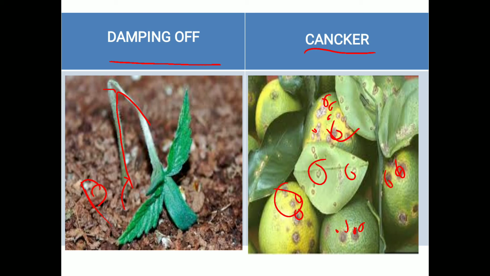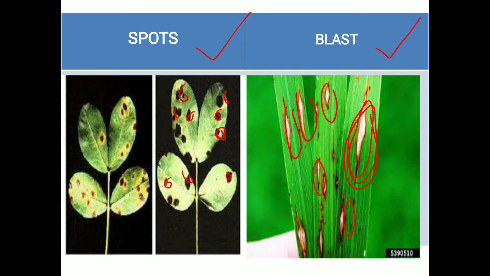Those symptoms indicate the cankerous growth which is observed on lime. So this is about canker. Mostly it is caused by bacteria, Xanthomonas. For control of bacterial canker, we spray the crop with the chemical streptomycin at a rate of 100 ppm.